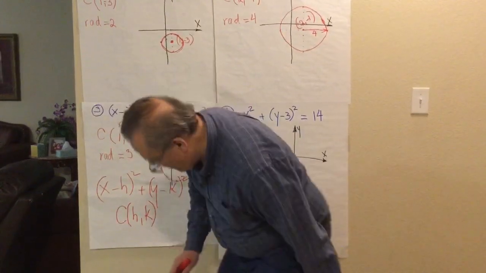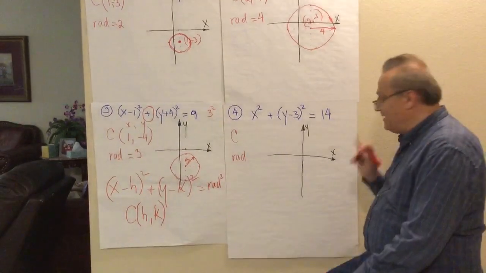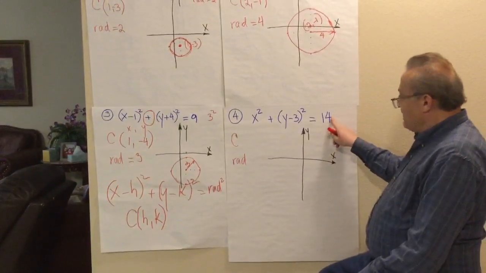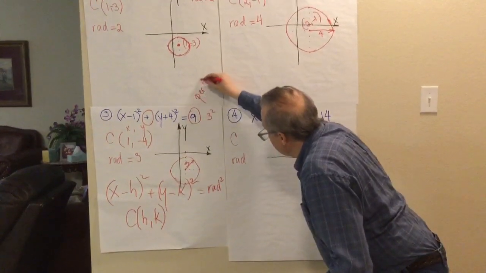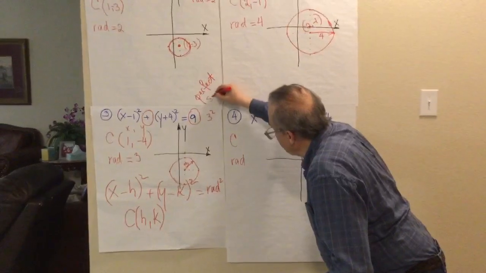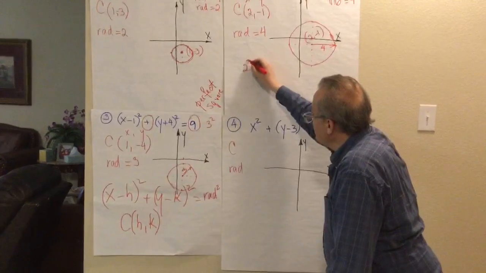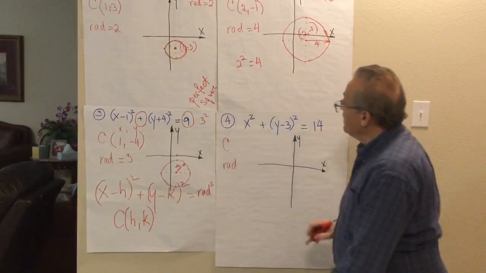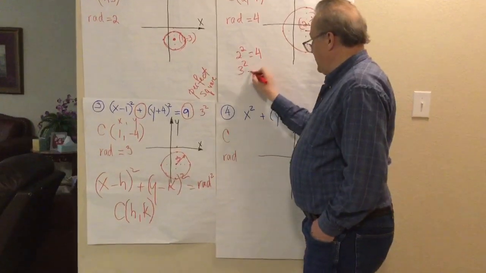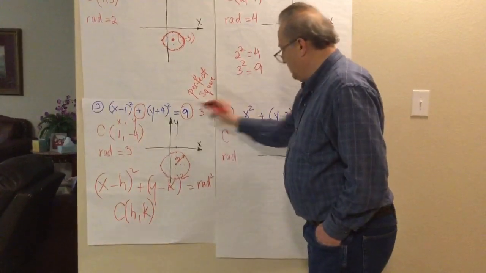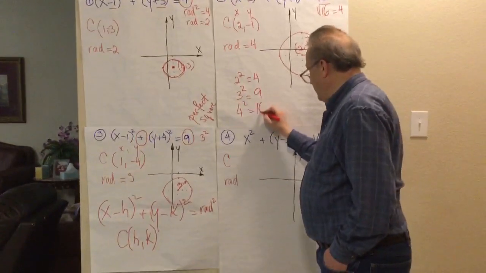All right, now students, we're going to go to the last problem, and here we're going to find a difficulty because 9 is a perfect square. What's a perfect square? 2 to the second is 4, that is a perfect square. 3 to the second is 9, that's a perfect square. 4 to the second is 16.